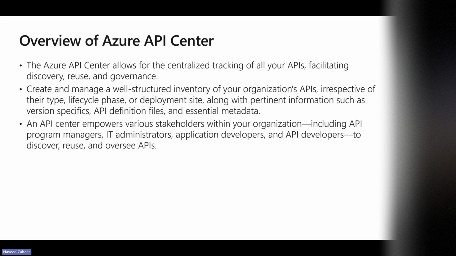Then there are application developers who may want to find out what APIs they can use for their application. There may be API developers who are publishing those APIs there, and all sorts of things. So all of these capabilities are a part of API Center.